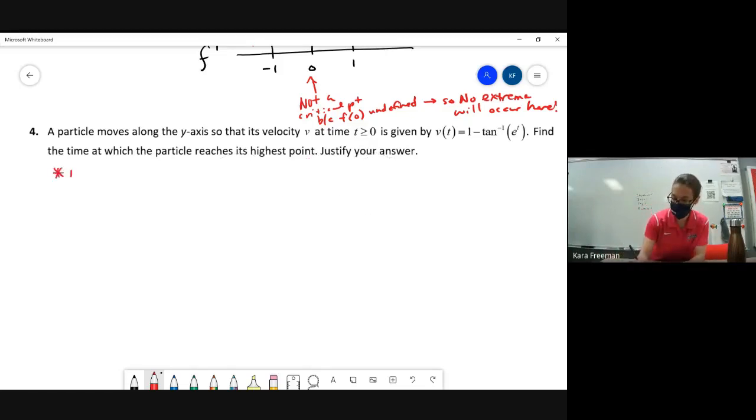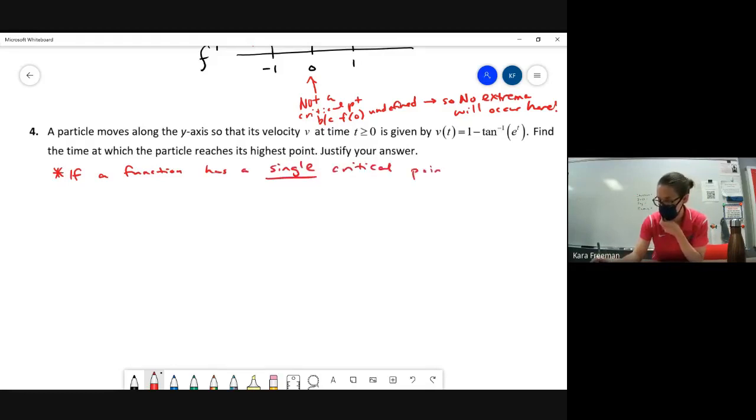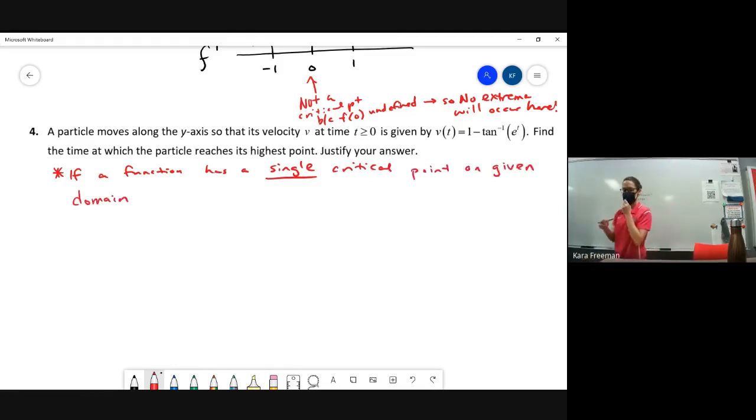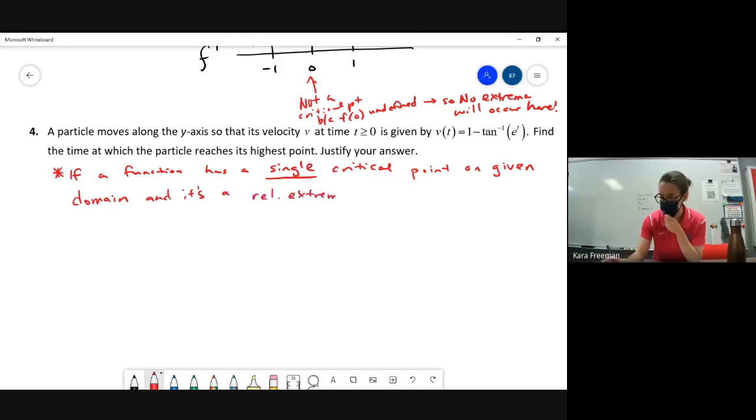So if a function has a single critical point on a given domain. That's important because what's our given domain in this problem? Greater than or equal to 0. So on greater than or equal to 0, if you have one critical point on the given domain, and it is a relative extrema, because it's not guaranteed that it's a relative extrema.